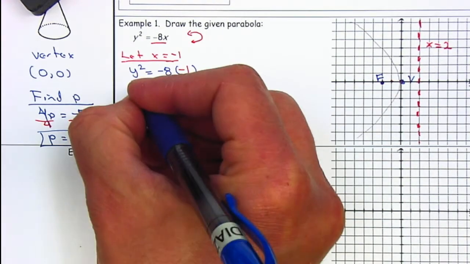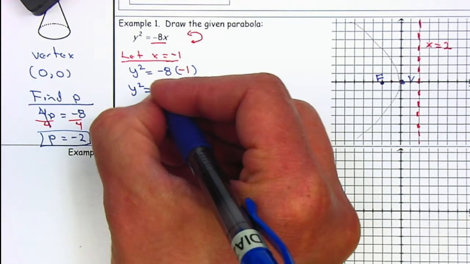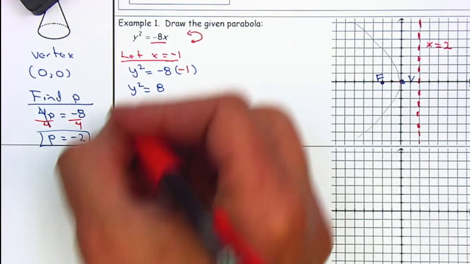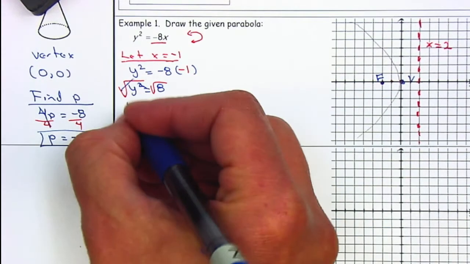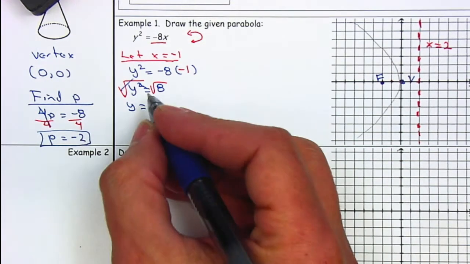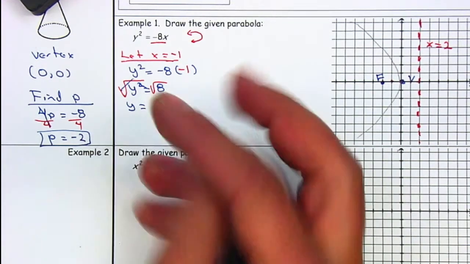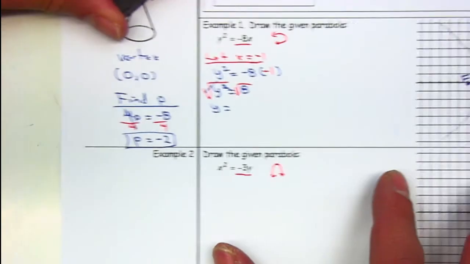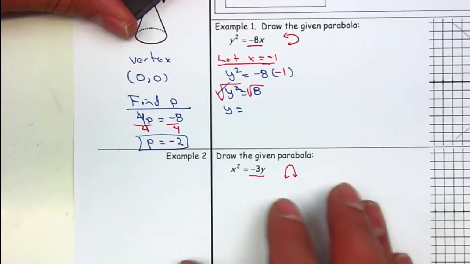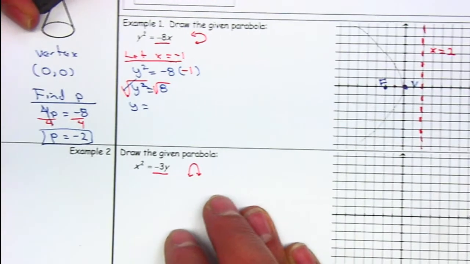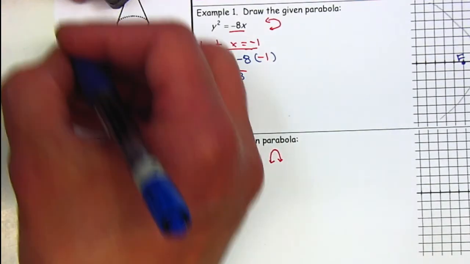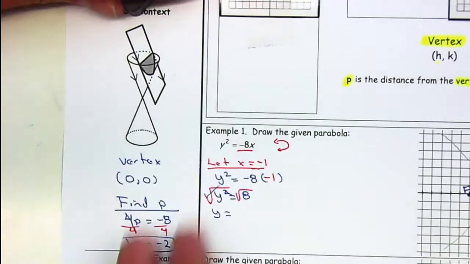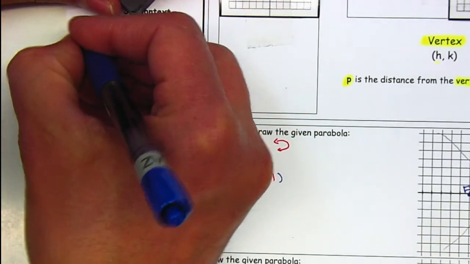That'll be y squared is equal to 8, because a negative times a negative is a positive. I'm going to take the square root on both sides. The square root and the square cancel, so y is equal to the square root of 8. I'm going to write down on the left hand side the perfect squares. The square root of 1 is 1.